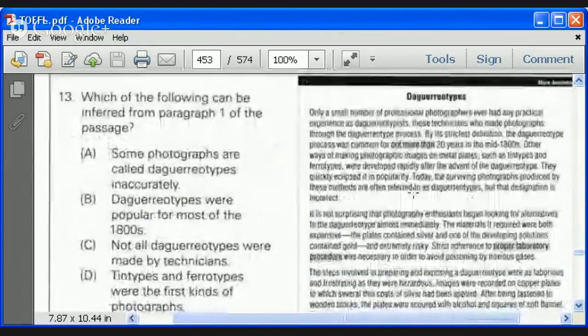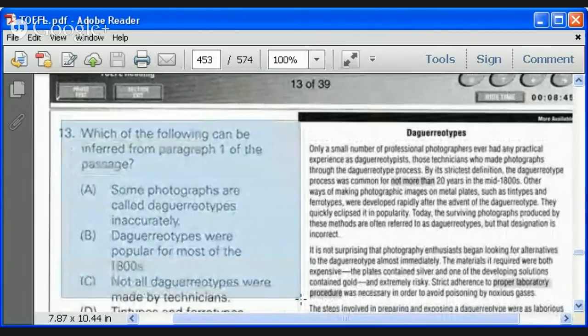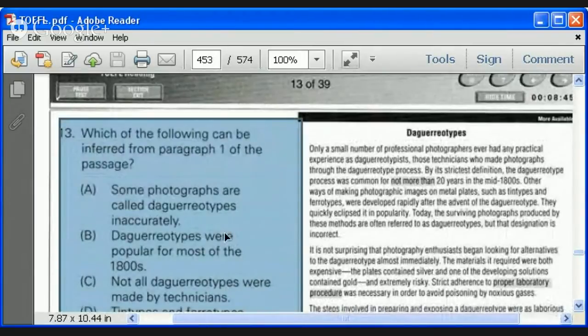However, when it comes to question time, you're going to see a screen like this. You're going to have your question on the left-hand side with the multiple choice answers. And on the right-hand side, you're going to be able to see the reading passage at one glance on your computer screen. So you're going to be able to very quickly find the information.